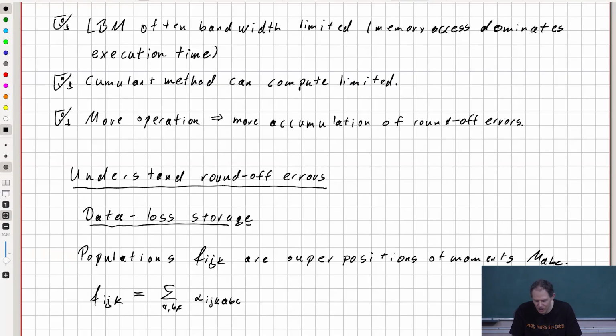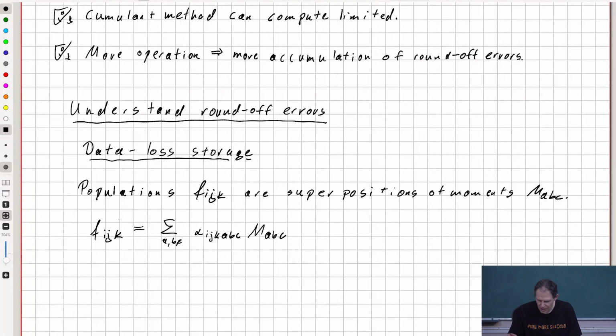So each entry in this tensor is a constant, and thus you have to multiply with M_abc. So there is a fixed transformation from the moments to the populations. So each population contains each of the moments. So what does this mean for the storage?